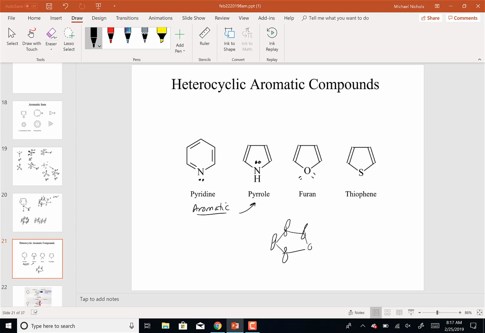So I'm going to put one lone pair into an sp2 hybrid orbital, and I'm going to put the other lone pair into an unhybridized p. And when I do that, now all the atoms are sp2 hybridized. They have that continuous overlap, and I've got 2, 4, 6. I've now got 6 pi electrons, so the system now meets 4n plus 2.